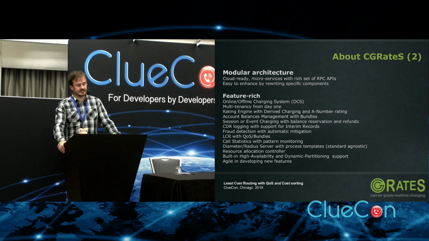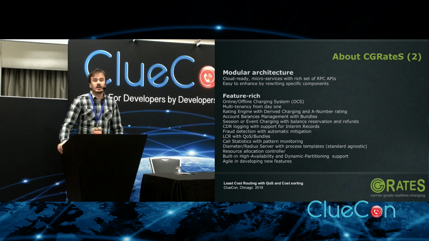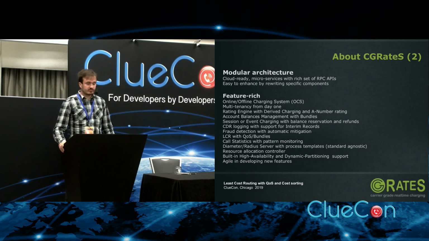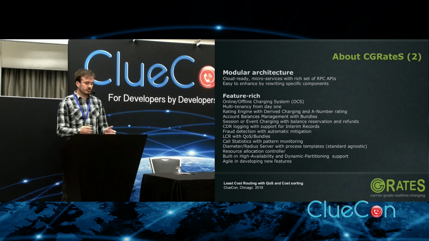Call statistics with pattern monitoring is another useful thing because it can be used with LCR as well. So you can build real-time call statistics and take decisions based on that. So you are aware of your traffic.